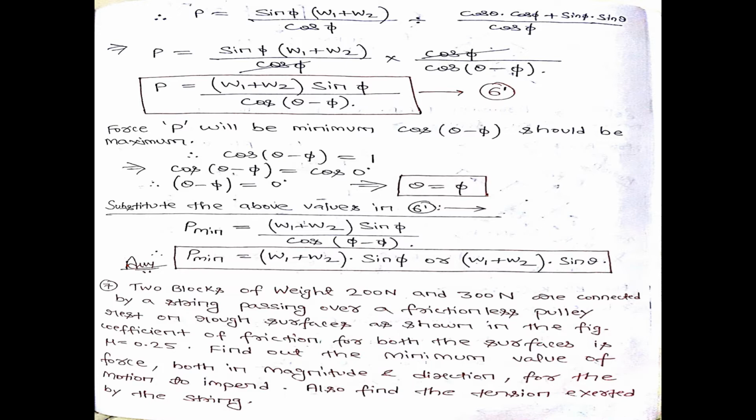Seventh problem. Okay, read the problem. The problem is: two blocks of weight 200 Newton and 300 Newton are connected by a string passing over a frictionless pulley, resting on rough surfaces as shown in the figure.